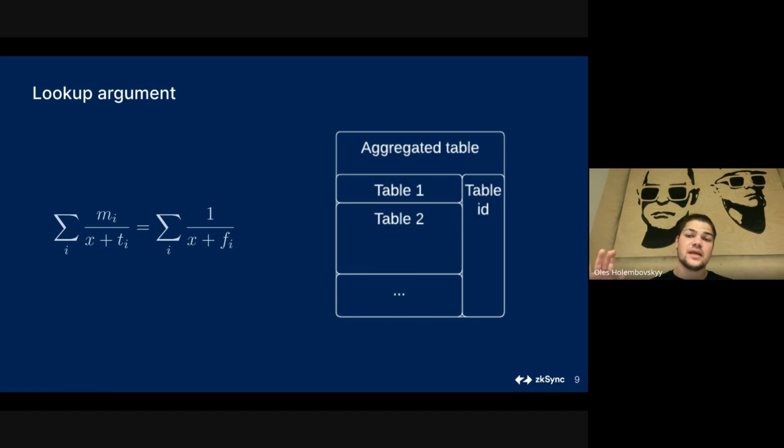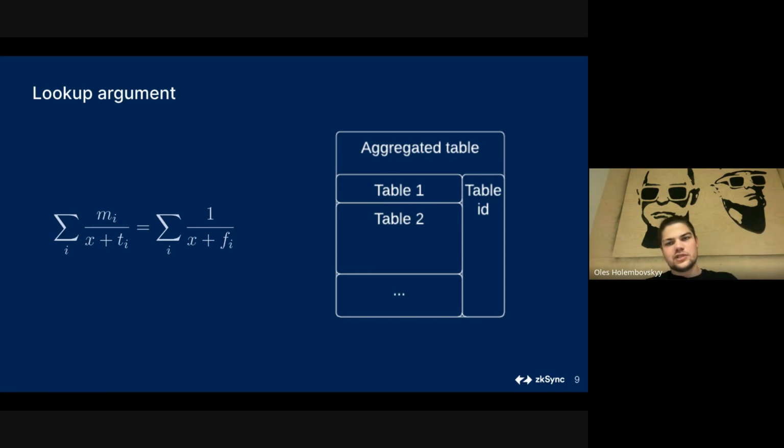Then, how can we choose between these tables? We can add 1 more row, so make it 4 or 5 in total, and the last row will tell us the table ID. So we put the first table here, and the table ID would be 0, and the table 2 would have 1. Then when you want to prove that 3 numbers form an XOR, you put these 3 numbers in 1 row, for example with a copy permutation argument.